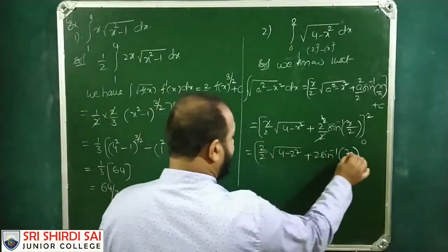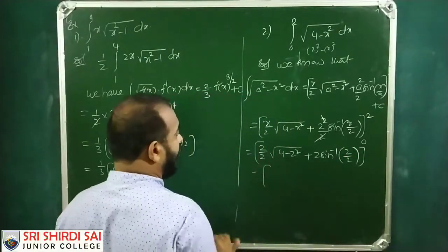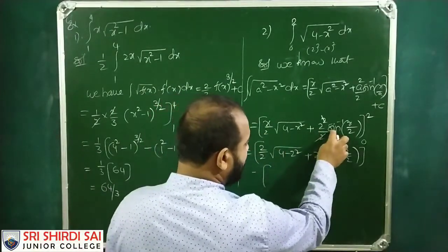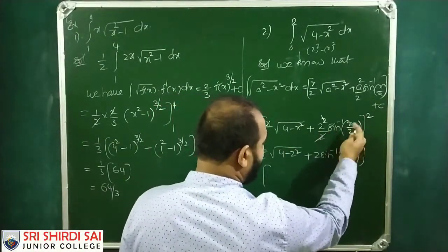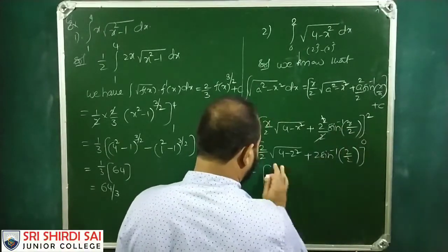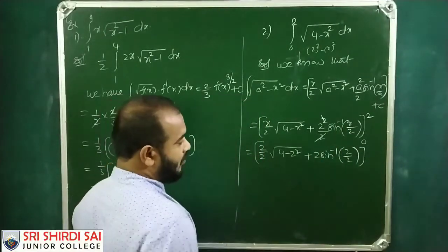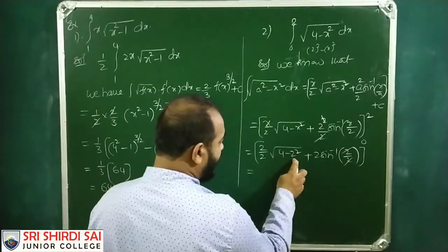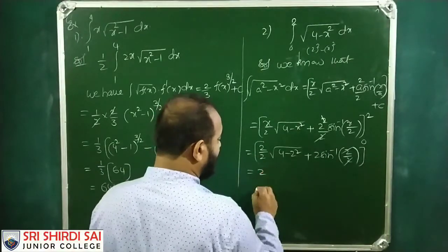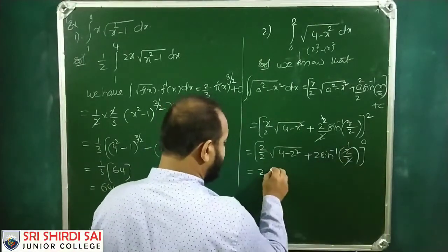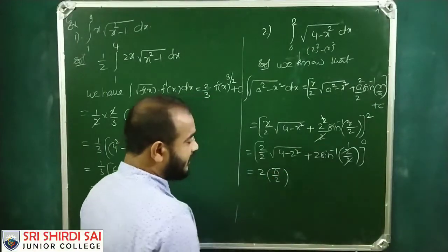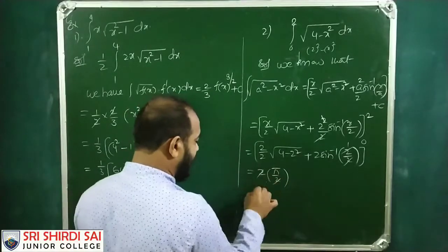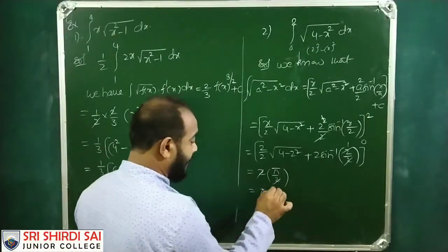This is upper limit minus lower limit. The lower limit is 0 by 2 into something, which is 0. 2 sin inverse 0 by 2: sin inverse 0 is 0. So the lower limit as a whole will be 0. 2 gets cancelled. Here 2 square is 4, 4 minus 4 is 0. So 2 sin inverse 1 value is pi by 2, because sin 90 is 1, sin inverse 1 is pi by 2. So 2 gets cancelled. We are left with pi.